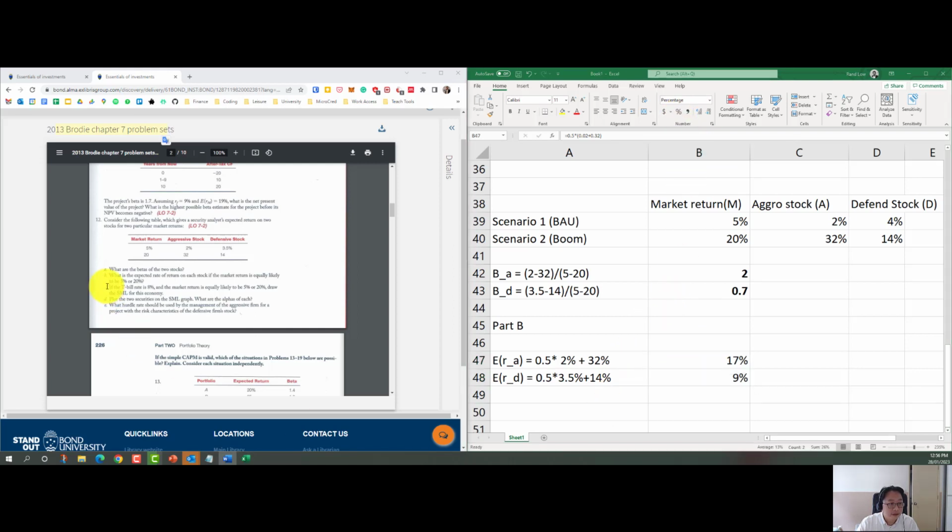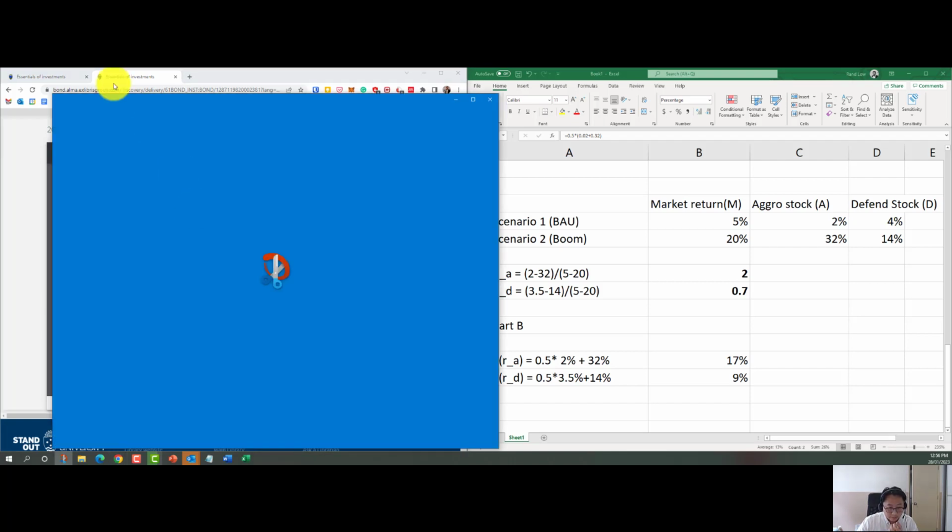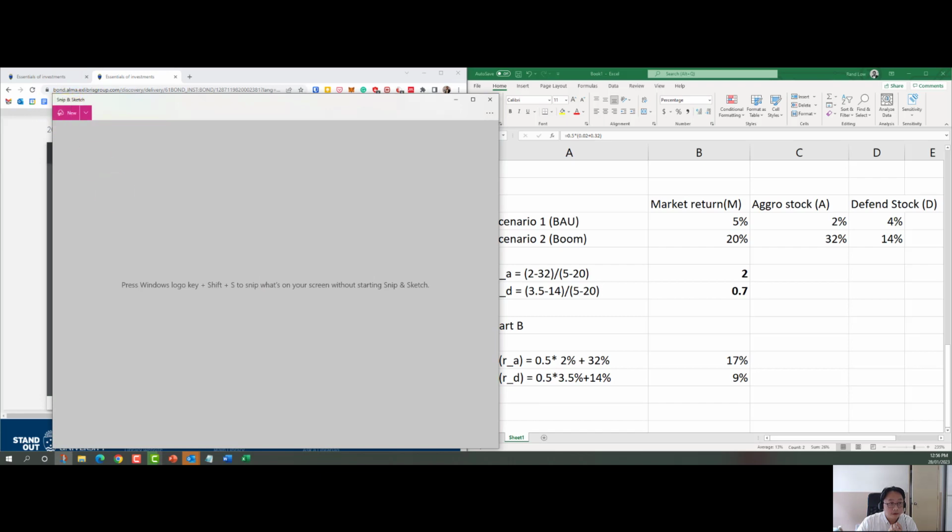Let's look at C. If the T-bill is 8% and the market returns are 5 or 20%, draw the SML for this economy.